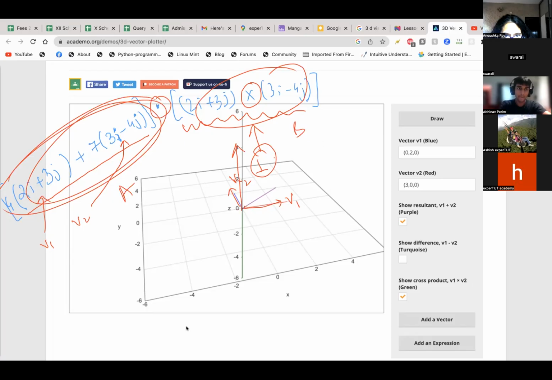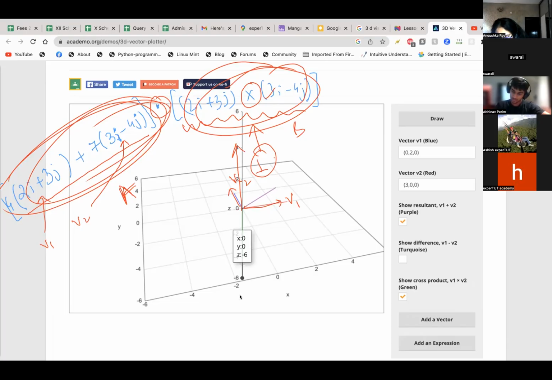The first vector A is in the plane of v1 and v2. The second vector B is perpendicular to that plane. So the angle between A and B is 90. They are perpendicular, so cos 90 is 0. Therefore the dot product is 0. Understood? Okay.